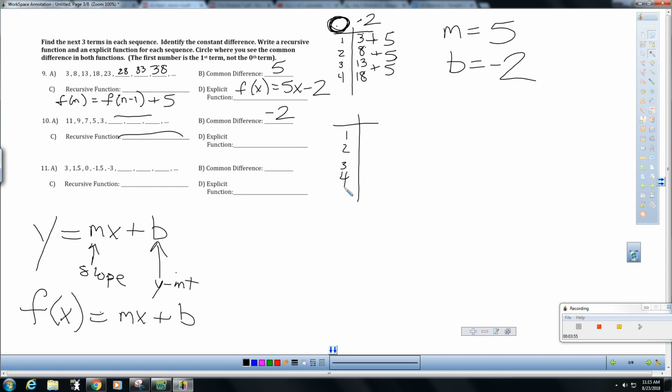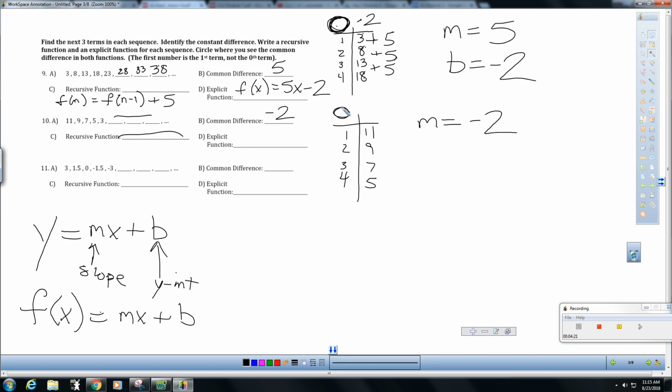Okay, our first term was 11, and then 9, and then 7, and then 5. So what is our slope? Excellent. It's going down by negative 2 each step. How do we find our y-intercept? We put a 0 in for x. We follow the pattern.